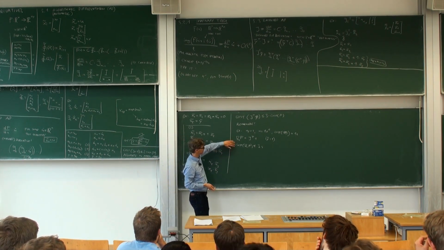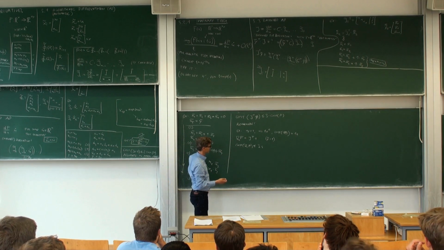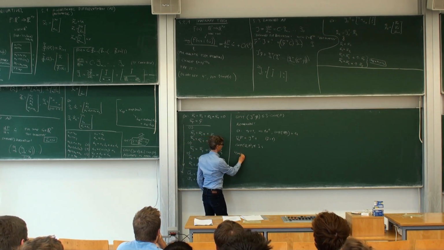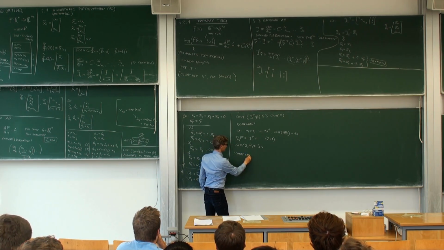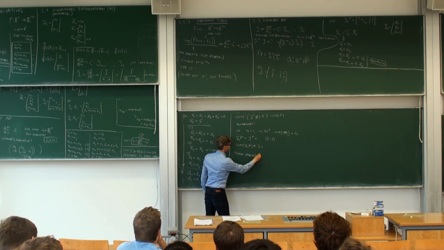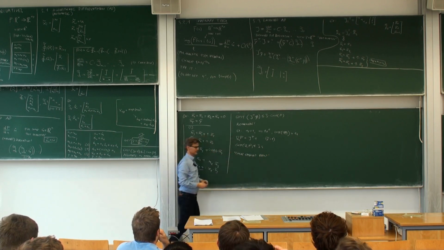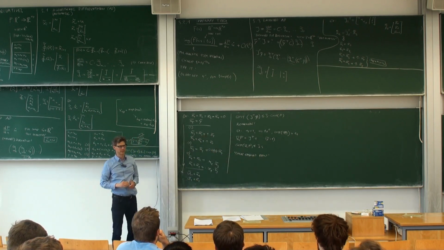But by AD, you can get it with a much shorter cost. So this result is called the cheap gradient result. And that's the main excitement of algorithmic differentiation.